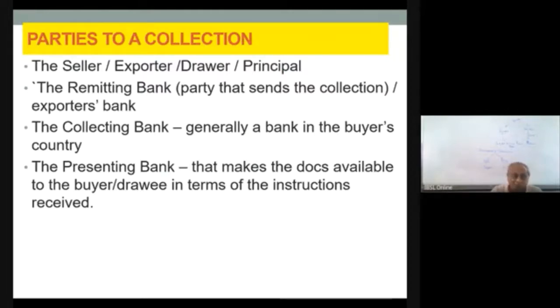Okay, drawer. The remitting bank, that is the bank of the seller. The remitting bank, the party that sends a collection, or the exporter's bank. The remitting bank will send the documents to the collecting bank. The collecting bank is generally a bank in the buyer's country.